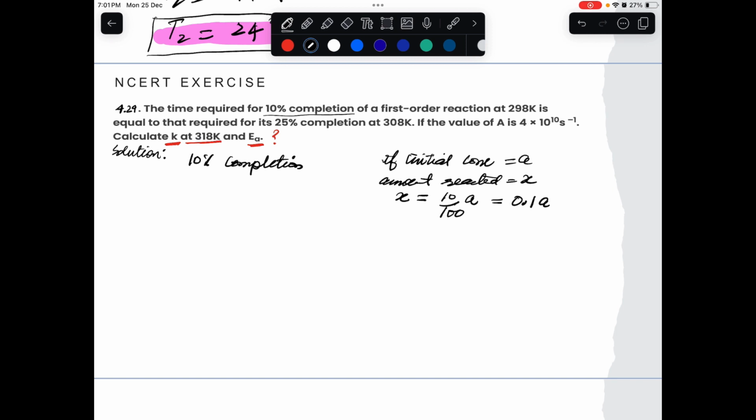This is the meaning of 10% completion. In the same way, we can write it down for 25% completion also.